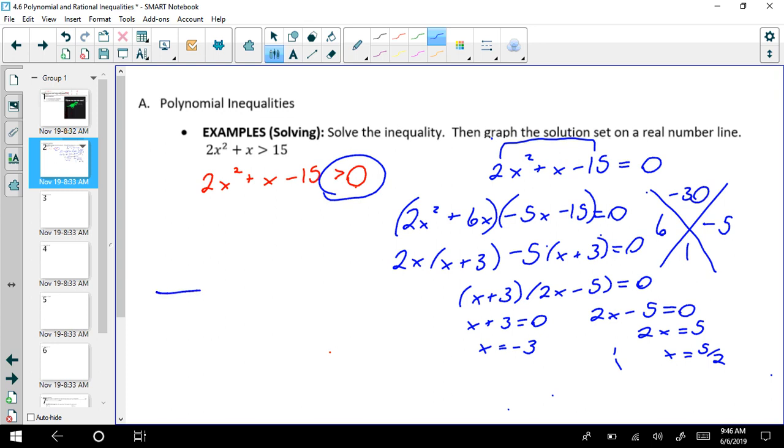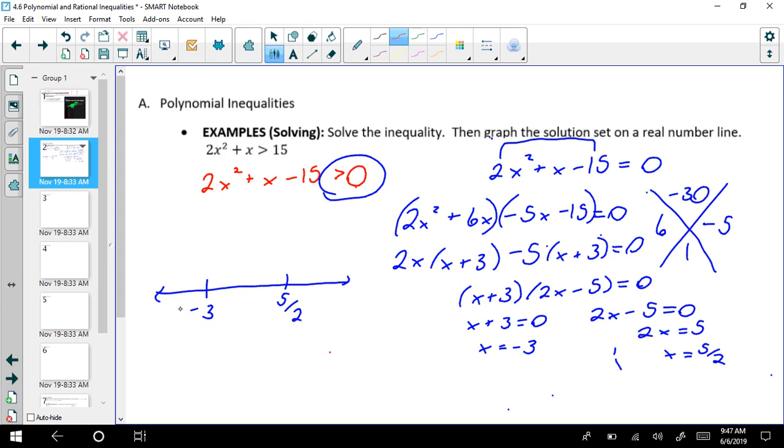So what I want you to picture is a number line. And on this number line, we're going to put our zeros, the two items that made it equal 0, and we're going to put them in order from small to big. So I'm going to have my negative 3, and I'm going to have my 5 halves. Now we're going to pick some numbers.